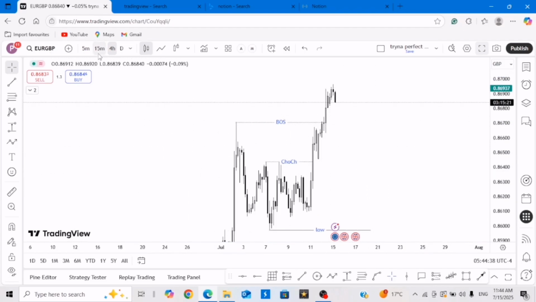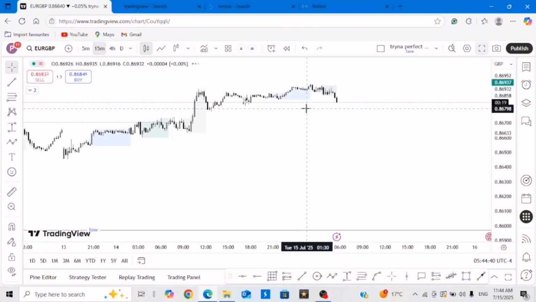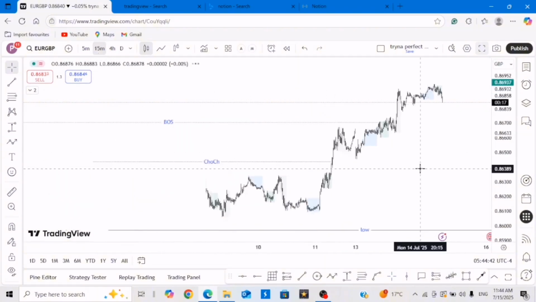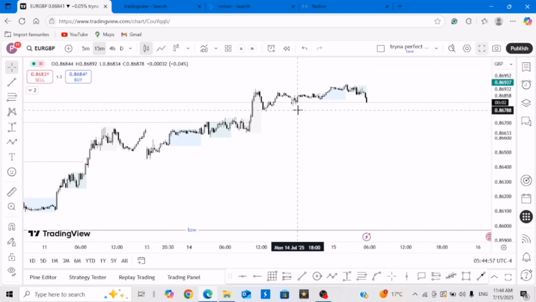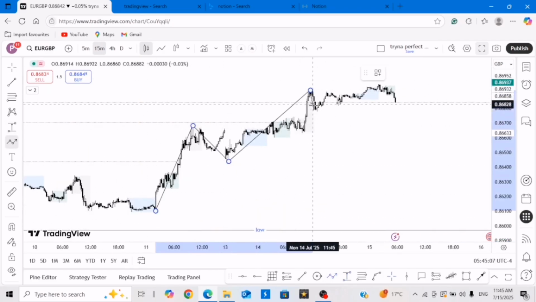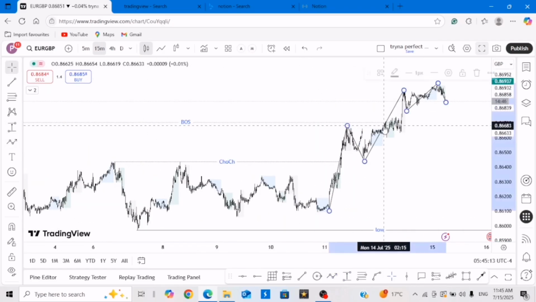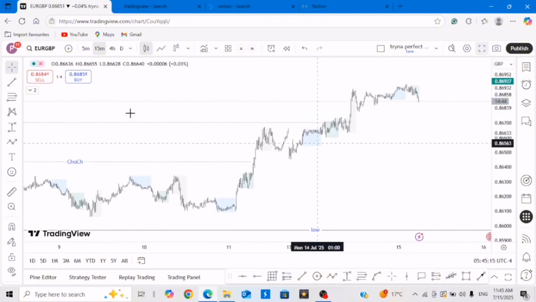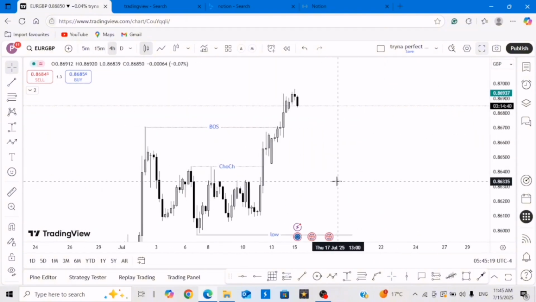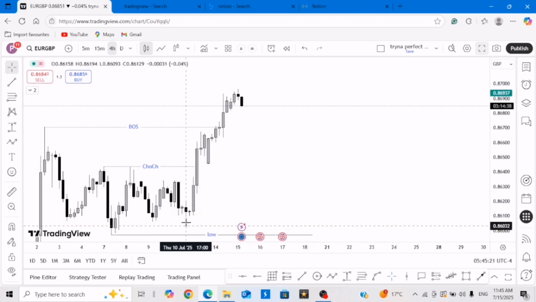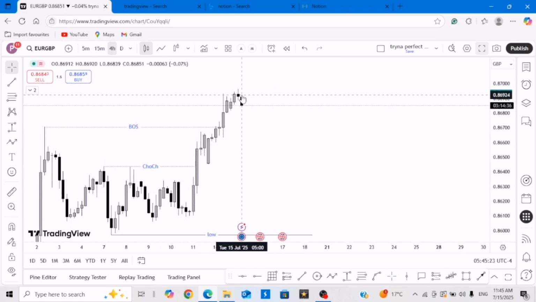Let's go down to the 15. How's the 15? Guys, this is very, very confusing for me, because on the 4 hour we are in the impulsive phase.